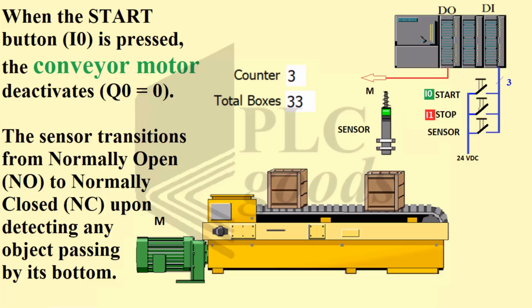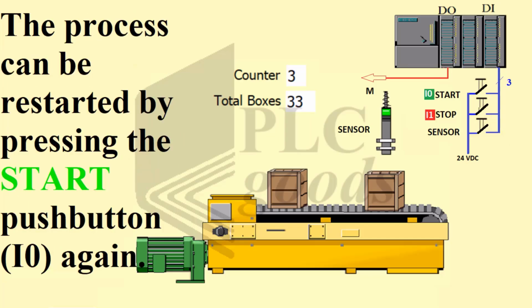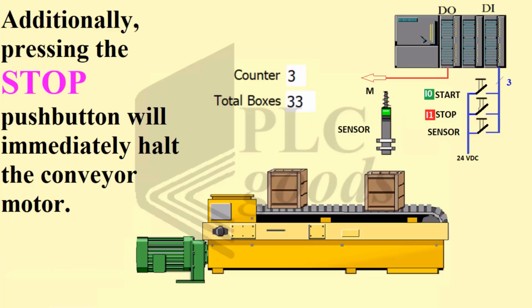The sensor transitions from normally open to normally closed upon detecting any object passing by its bottom. The process can be restarted by pressing the start push button again. Additionally, pressing the stop push button will immediately halt the conveyor motor.